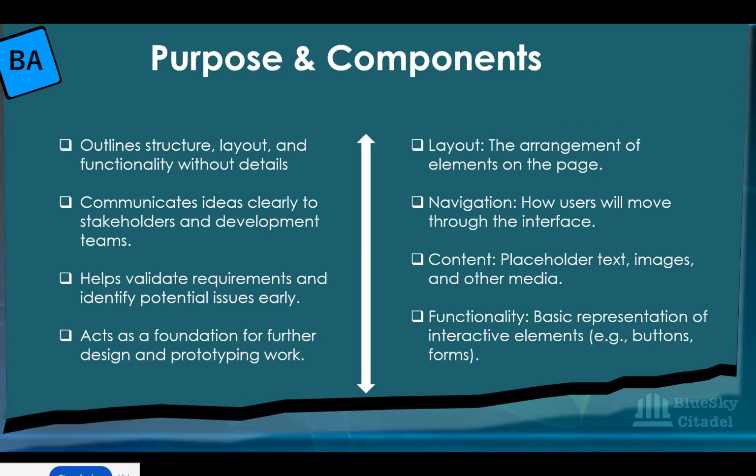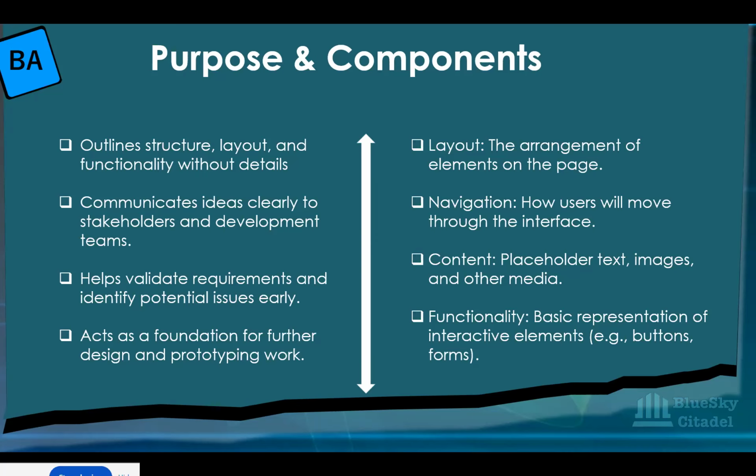The components are the layout, navigation, content, and functionality. Layout is how everything is arranged on the page. When I say left, this is what I mean by left. Left up, left down, left middle, all of that. Footer, header, this is how everything looks. Navigation: how will the users move through it? If I click here, then this opens.